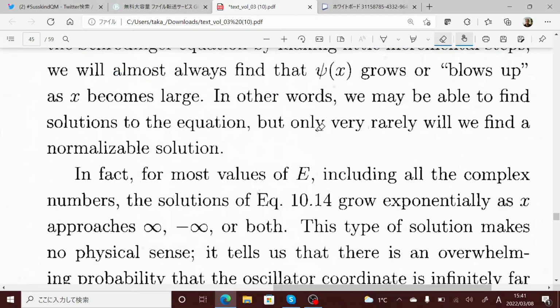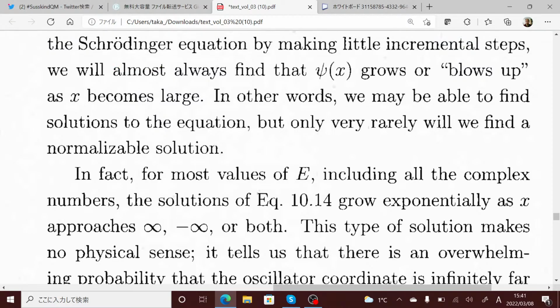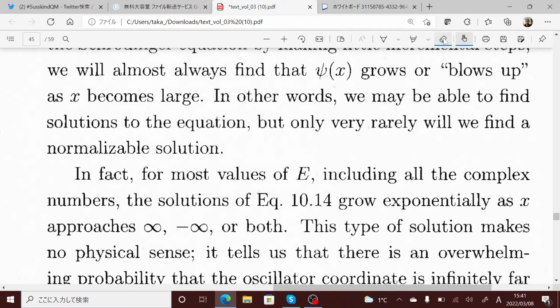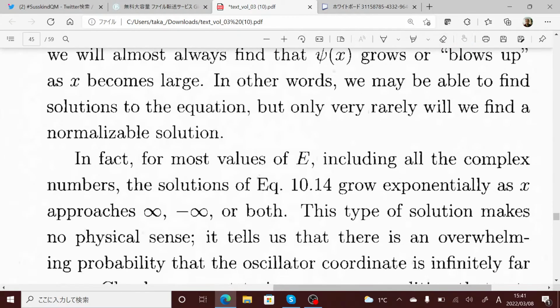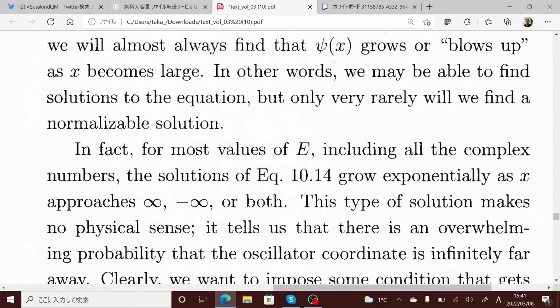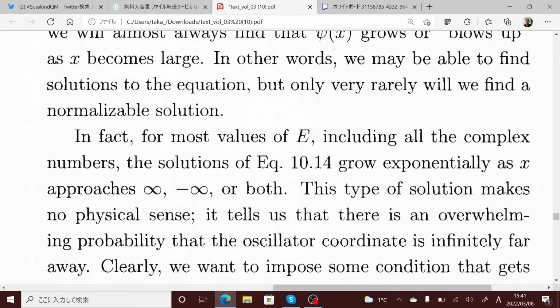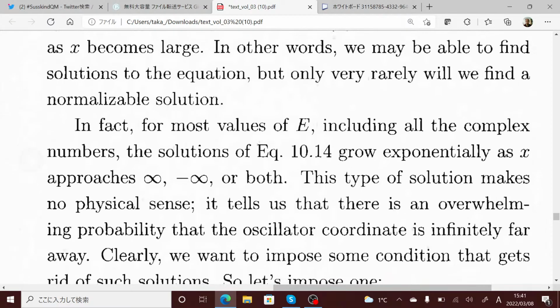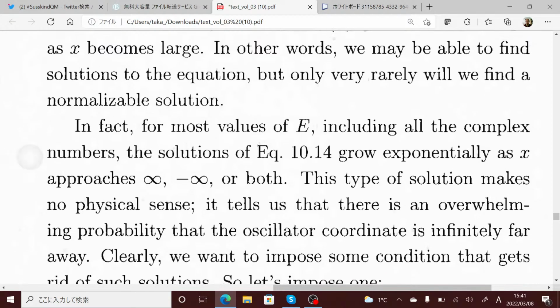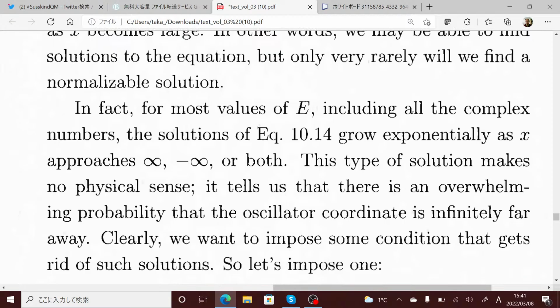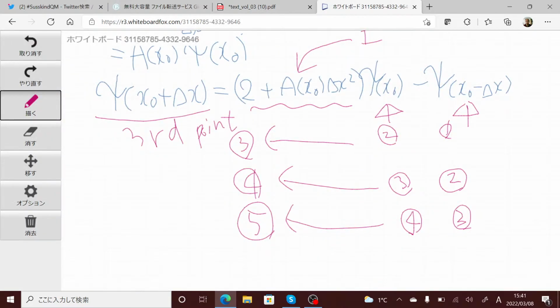We will almost always find that psi blows up as x becomes large. In other words, we may be able to find a solution to the equation, but only very rarely will we find a normalizable solution. Okay, so in this way, we can find some solution easily.